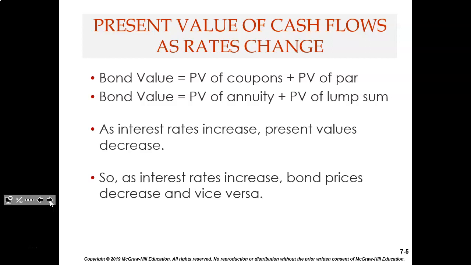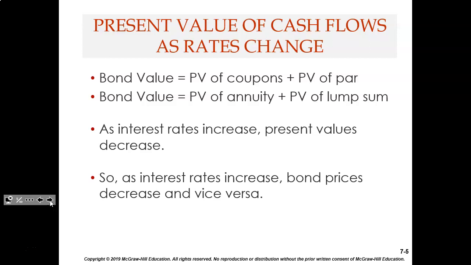If you want to put it in other terms, basically it's the present value of all the future expected cash flows. Okay. And with bonds, as interest rates increase, present value decreases, and as interest rates increase, bond prices go down.